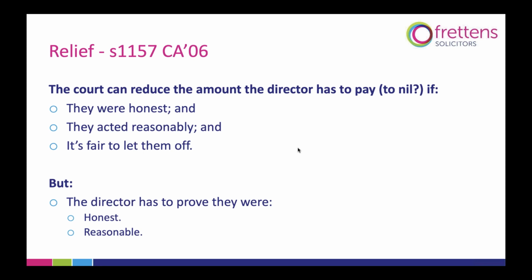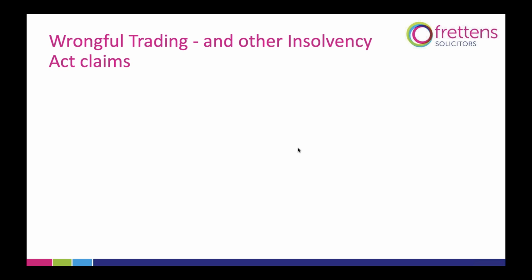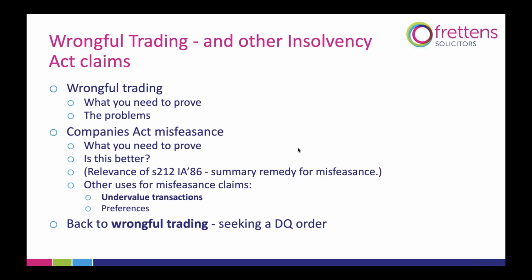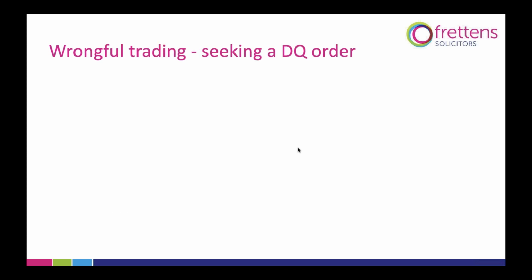Once again, one of the advantages of bringing a preference claim as Companies Act misfeasance is that it is a claim against the director personally, so you can bring a preference claim against whoever it is that got the asset and benefited from it, and at the same time you can bring a misfeasance claim against the director personally for compensation for the loss that the company has suffered as a result.